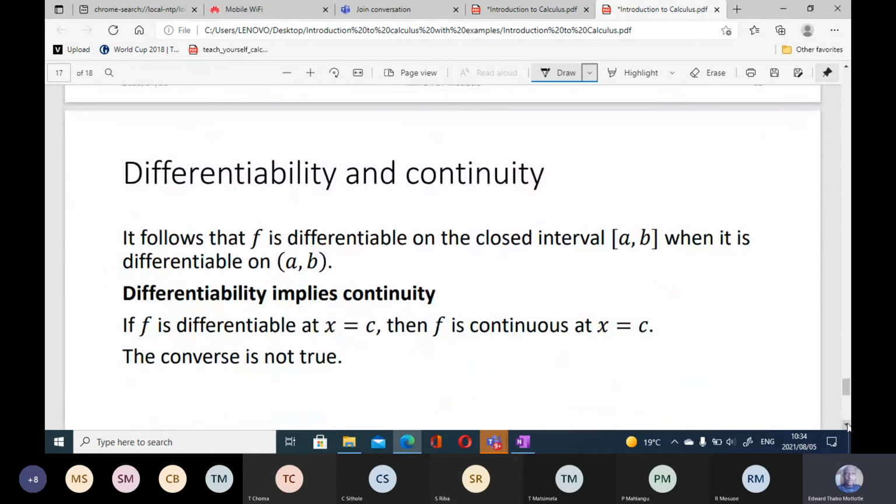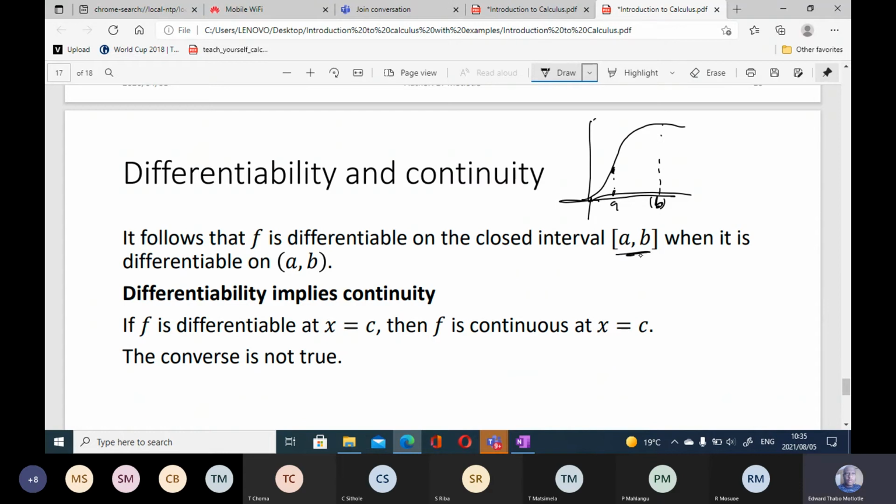Now we are still under differentiability and continuity. It follows that f is differentiable on the closed interval [a, b] when it is differentiable on the open interval (a, b). So what they mean here is, let's say we have a rough sketch of this function, with a point a here and a point b here.